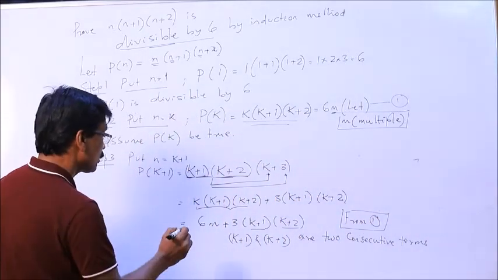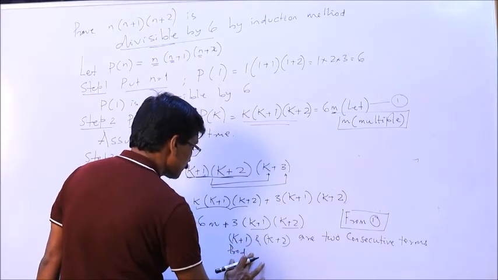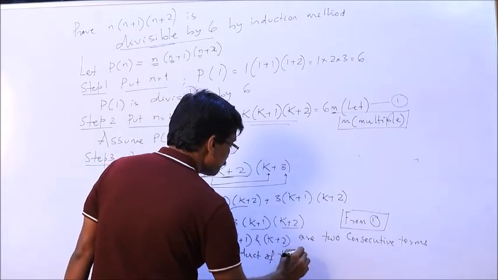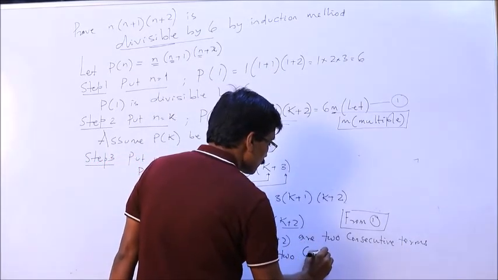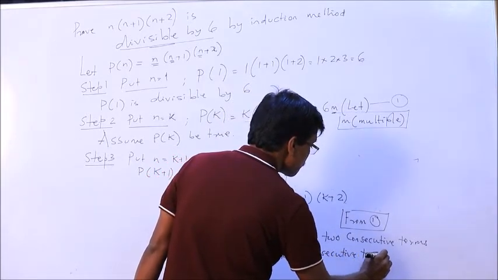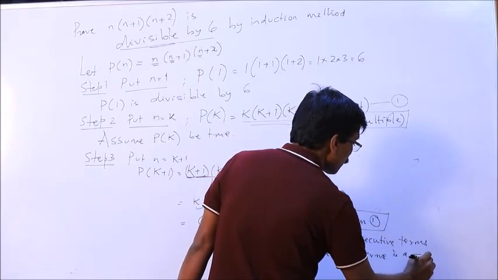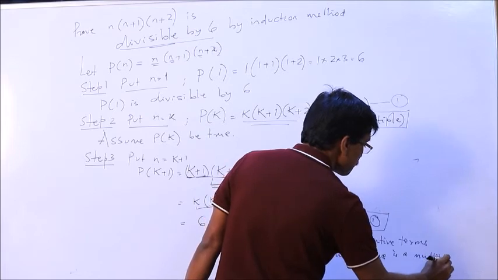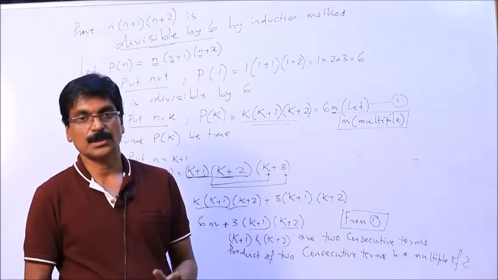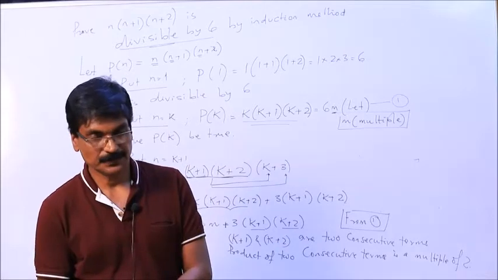And we know the product of two consecutive terms is a multiple of 2, because odd and even numbers come consecutively to each other.